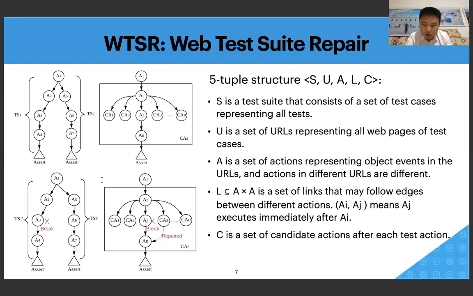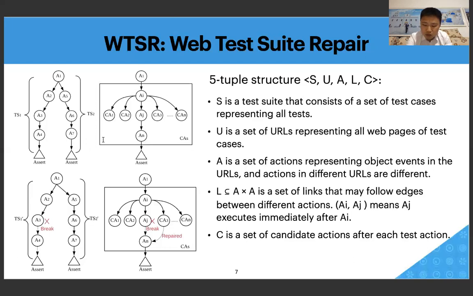The URL of each action is stored in MongoDB. All the actions of test cases are in the action set A, and the link A1 to A2 means that A2 is performed directly after action 1.